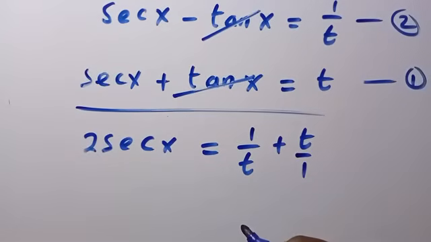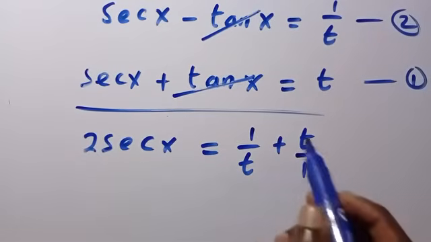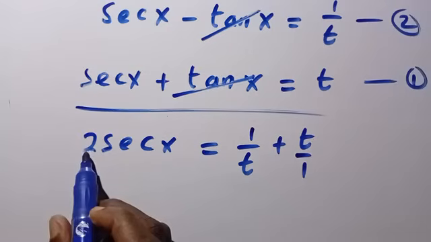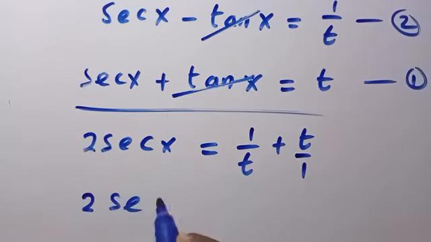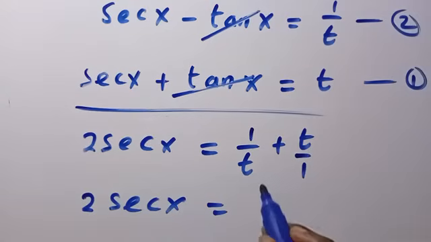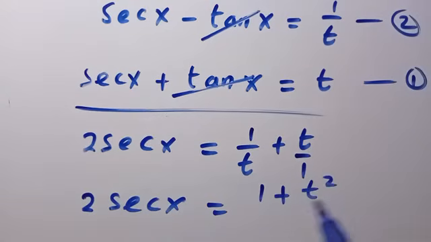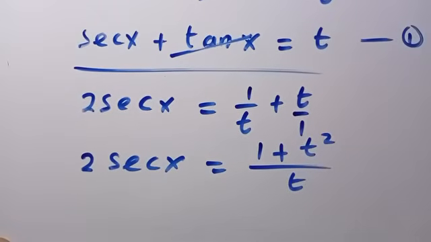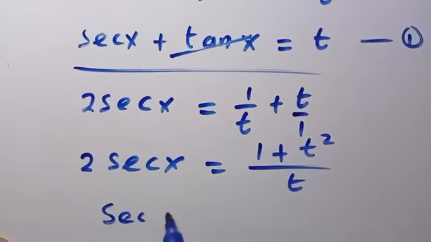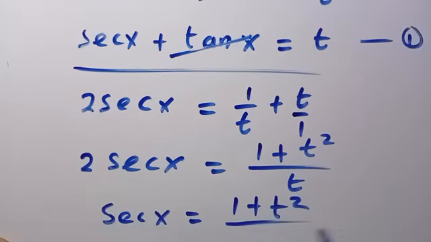When we find the LCM, we have 2 sec x equals 1 plus t squared divided by t. By dividing both sides by 2, we have sec x equals 1 plus t squared divided by 2t. So we have gotten sec x.